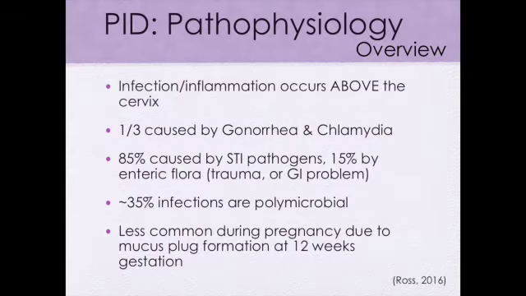About a third of the cases are known to be caused by chlamydia or gonorrhea, but a total of 85% of PID cases are caused by sexually transmitted infection pathogens through sexual intercourse, while around 15% are caused by bacteria found in the intestines via pelvic or abdominal trauma, surgery, or disease processes affecting the intestines. That being said, about 35% of cases are caused by more than one pathogen.